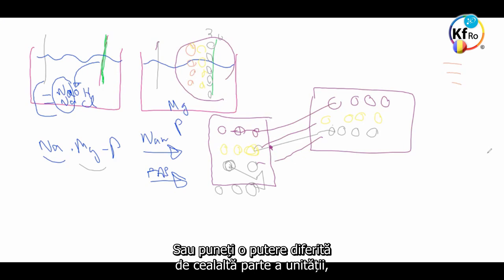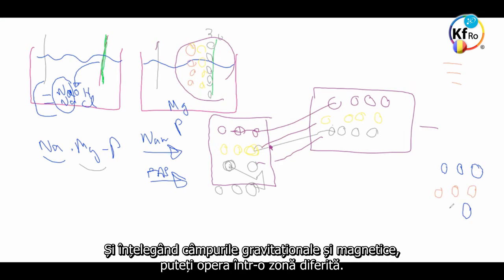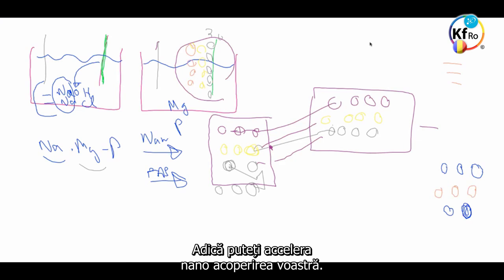Or you put one of a different strength on the other side of the unit, different materials, GaNs, and you can make the same connection and understanding of the gravitational magnetical field. You can operate in a different zone. What it means? It means you can speed up your nano coating.